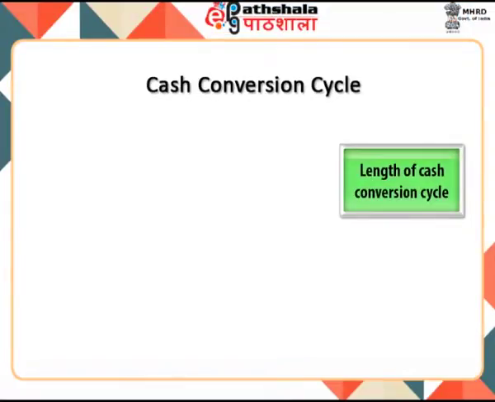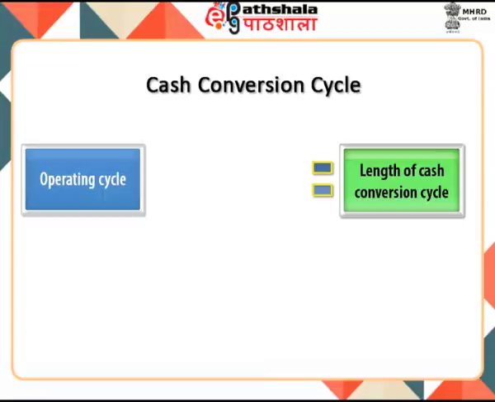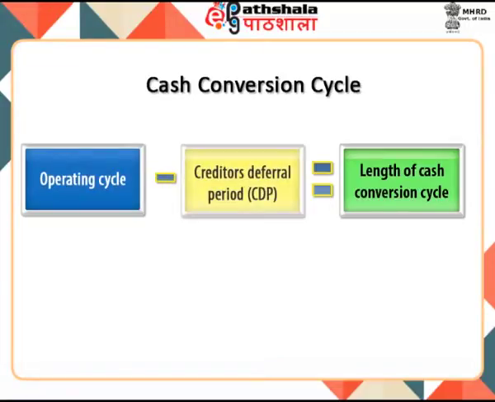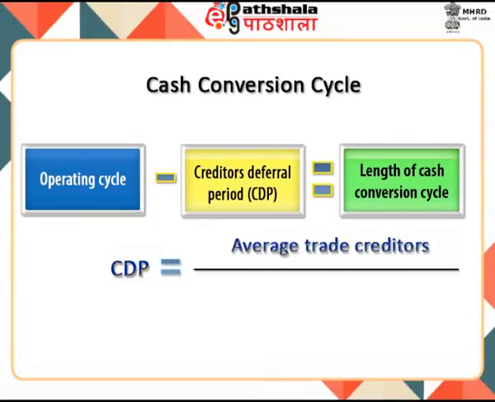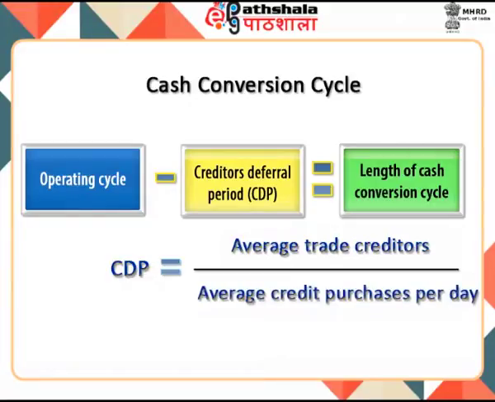Cash conversion cycle is equal to operating cycle less creditors deferral period. Creditors deferral period is the average time taken by a firm to make payments to creditors. Thus, firms don't need to pay cash immediately to suppliers. It reduces the length of the operating cycle. Creditors' deferral period is calculated as the ratio of average trade creditors to average credit purchases per day.